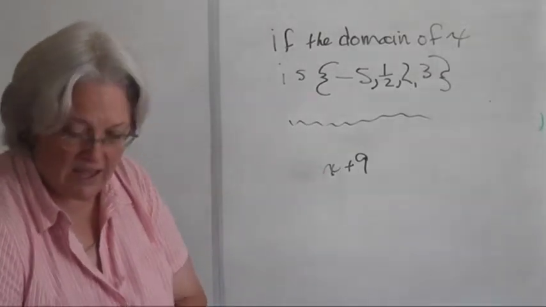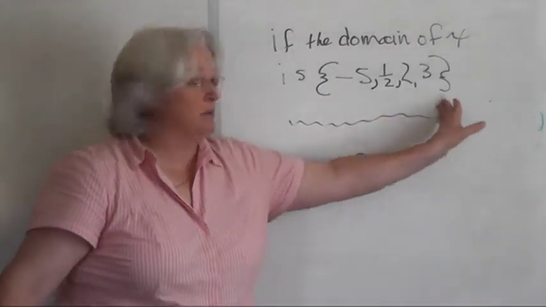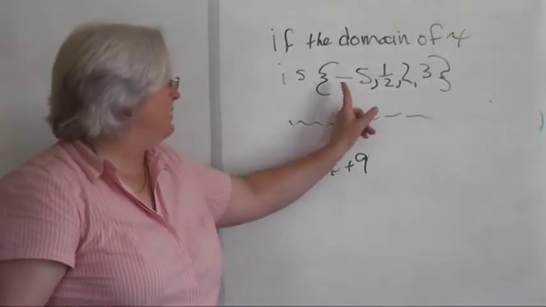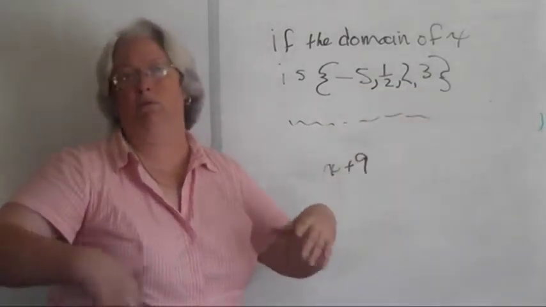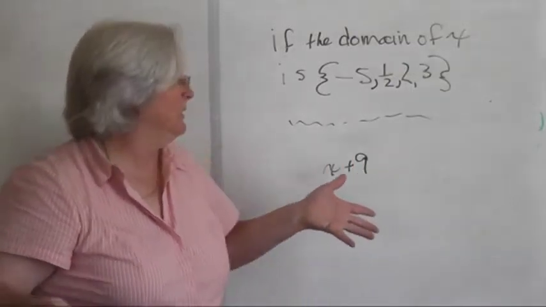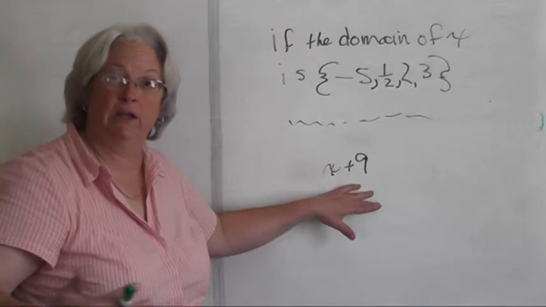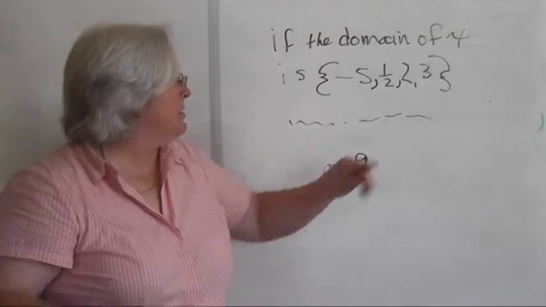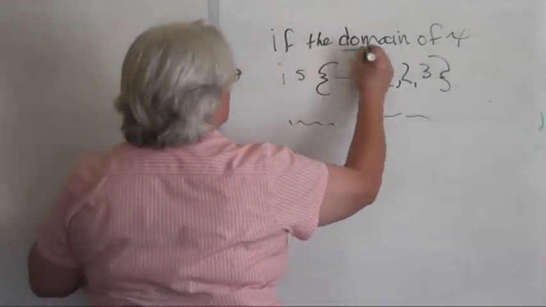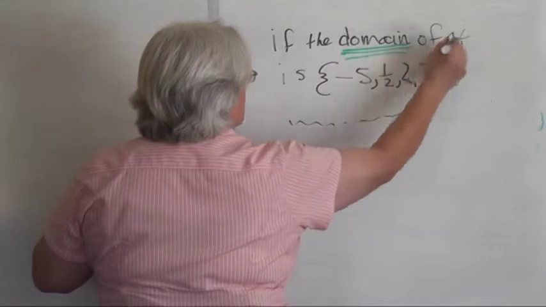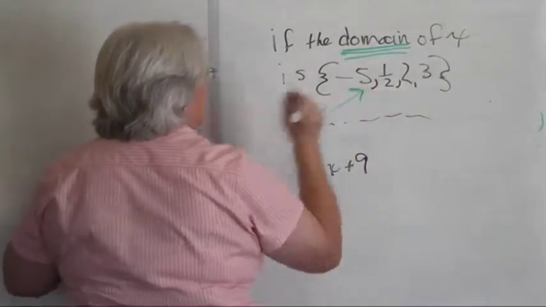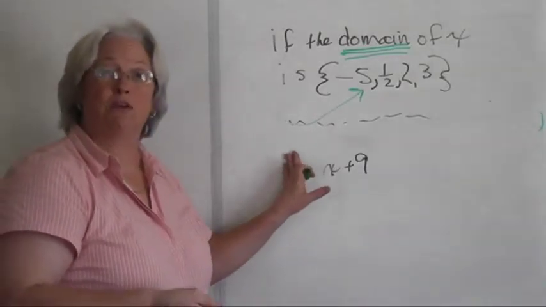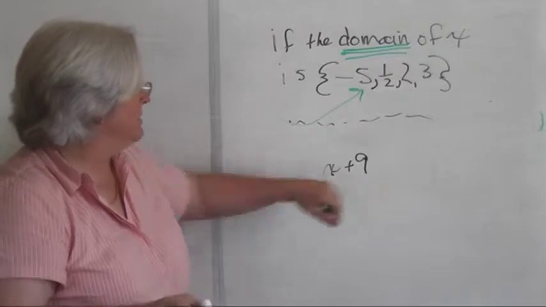Well, remember, if we didn't have this limit right here, the only possible values that we can use for x would be -5, 1/2, 2, and 3. We would write from now until we die. And we would never come up with the complete list of solutions because you'd have an infinite number of solutions. But because our domain has been limited, because the possible choices for x have been limited to -5, 1/2, 2, and 3, there can only be 4 possible solutions to this expression.